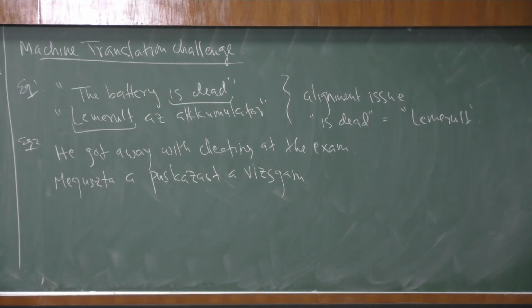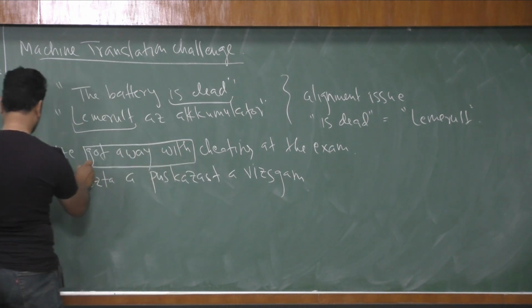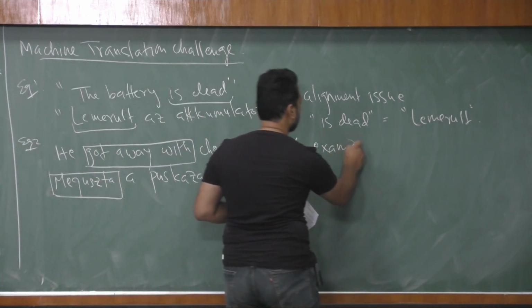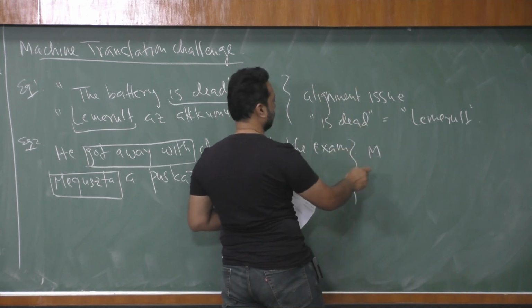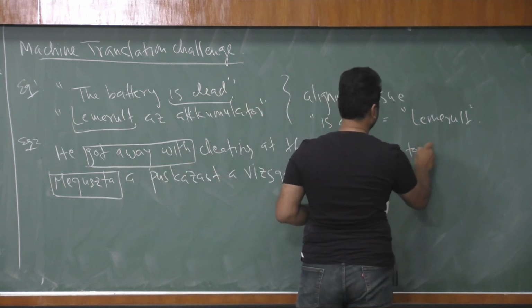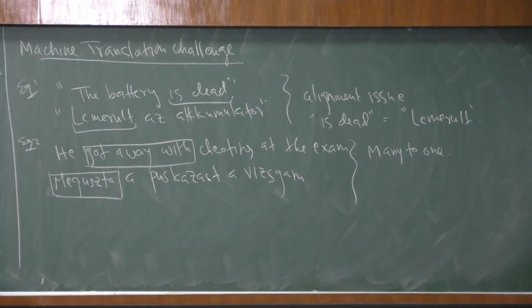I may not be able to pronounce it well. So here, if we look a little bit, this got away with is represented by this one word. So there is this issue of many to one, where many gets mapped to one. There was also this case here, but in this case even three words got mapped to one. So many to one is another issue. That's why language translation is a bit difficult.